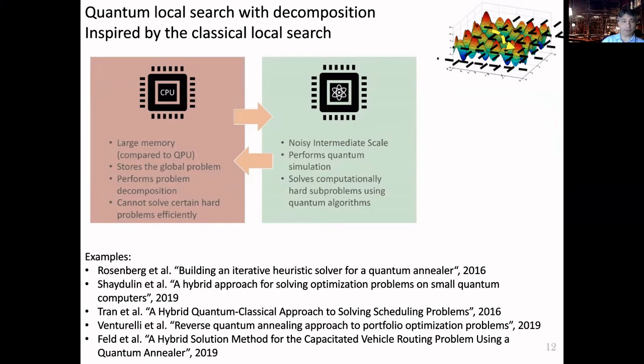In this strategy, we use all the good things that we have in classical computers, like large memory. We can store the global problem, we can perform the problem decomposition, and each small sub-problem in this local search will be solved at the NISQ device.